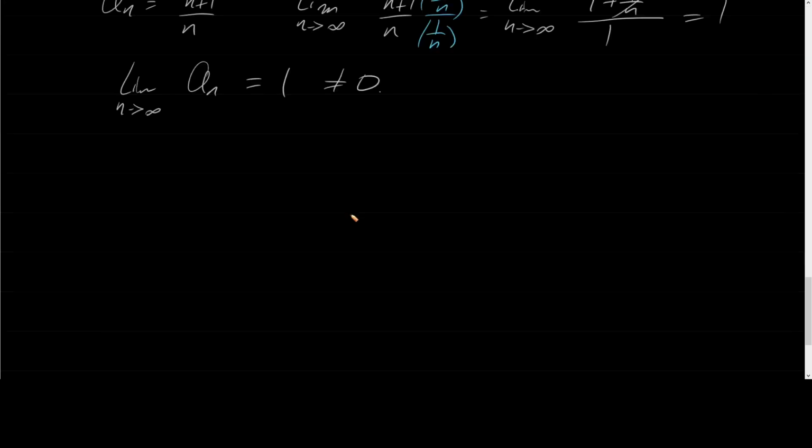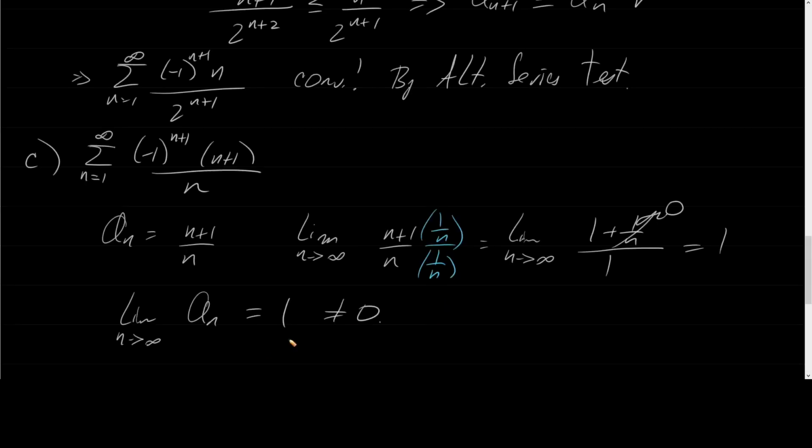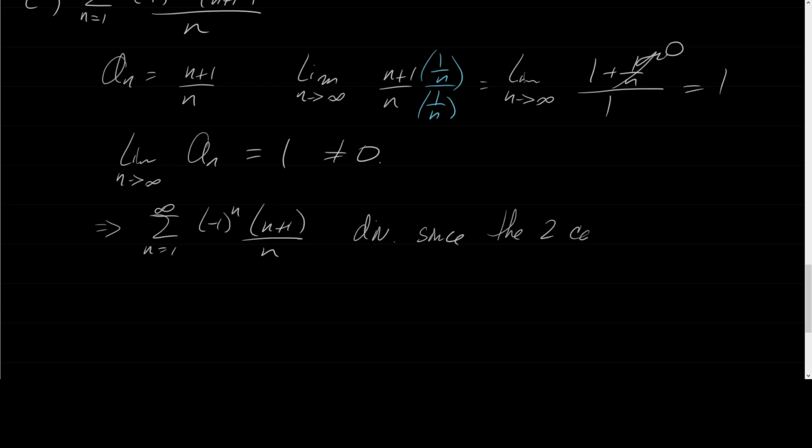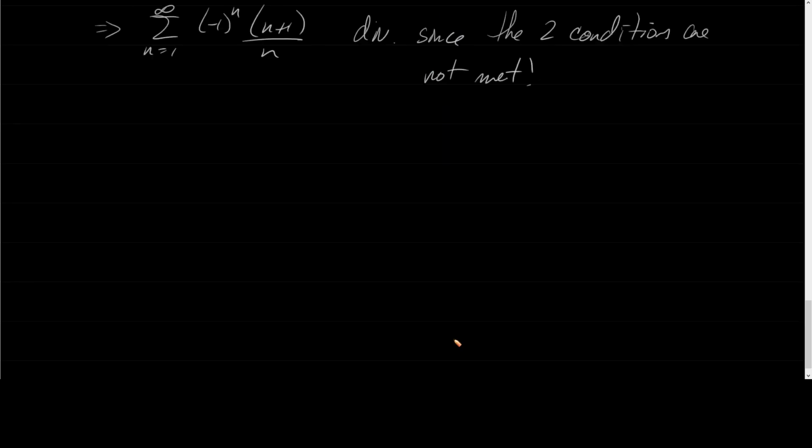So right away, at this point, we can say that the series of (-1)^n times (n+1)/n diverges, since the two conditions are not met. Notice we didn't even have to look at the second condition. As soon as it fails one condition, done, diverges. Cool. But again, it must be an alternating series.